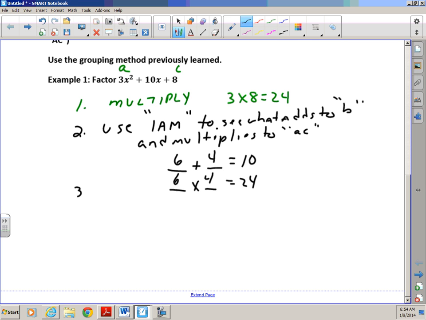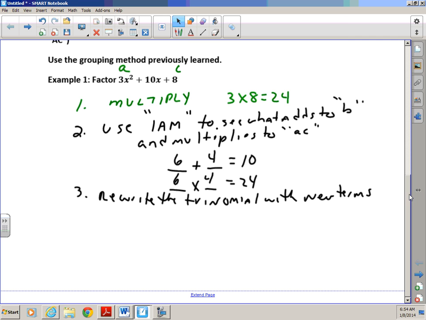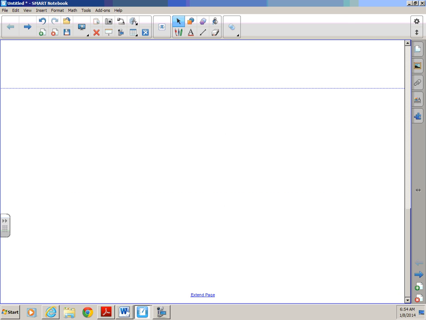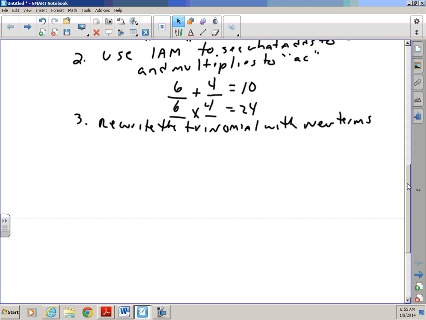Next, we're going to rewrite the trinomial with new terms. This is where the grouping method is going to come in.